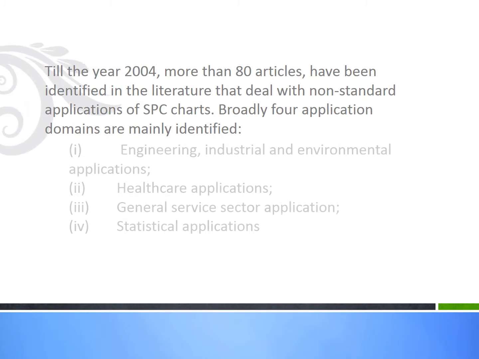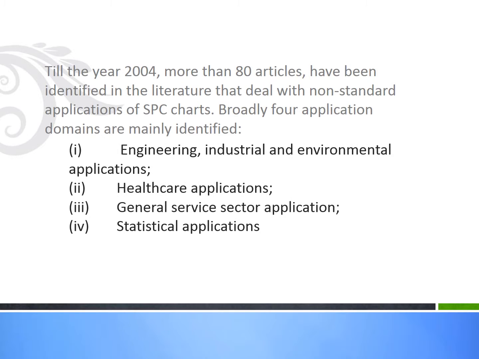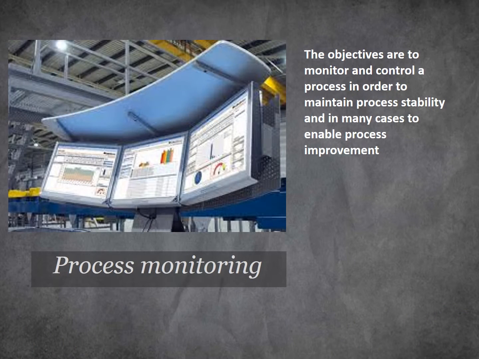By the year 2004, more than 80 articles had been identified in the literature that deal with non-standard applications of SPC charts. Broadly, four application domains are identified: engineering, industrial and environmental applications; healthcare applications; general service sector applications; and statistical applications. Four principal objectives have been identified in reported studies.